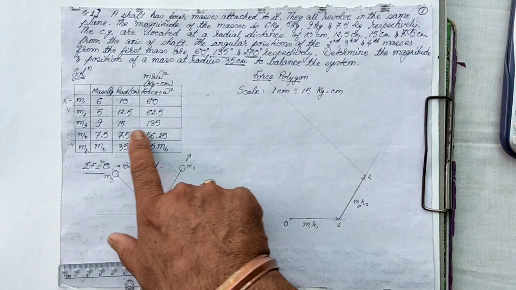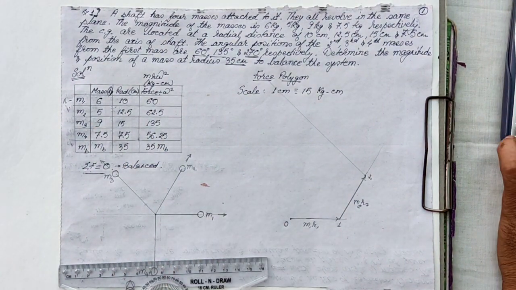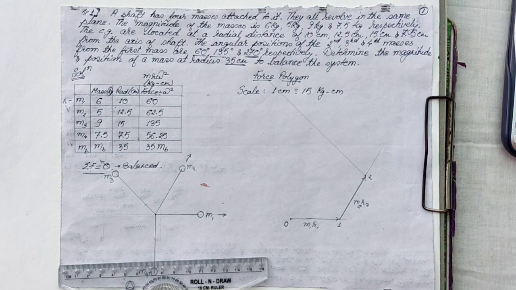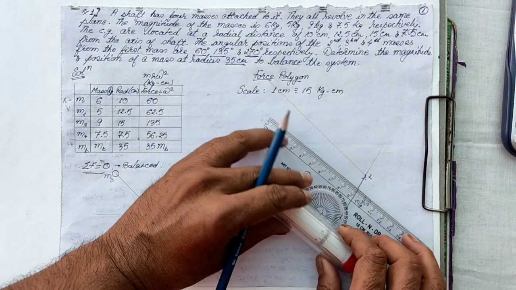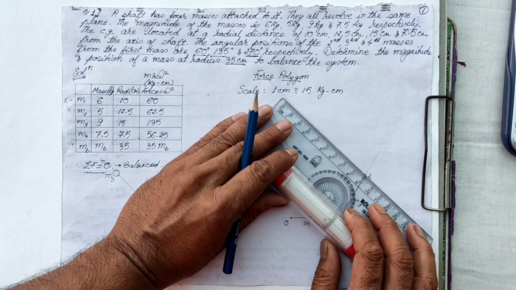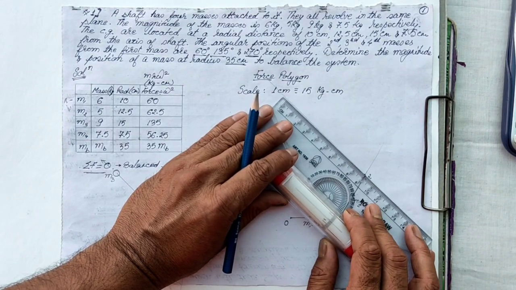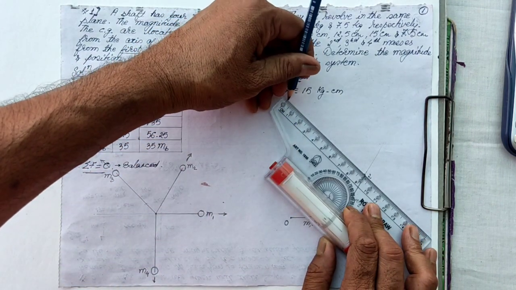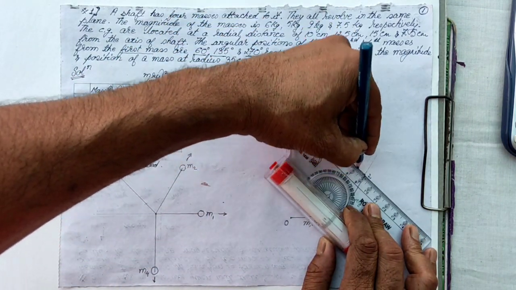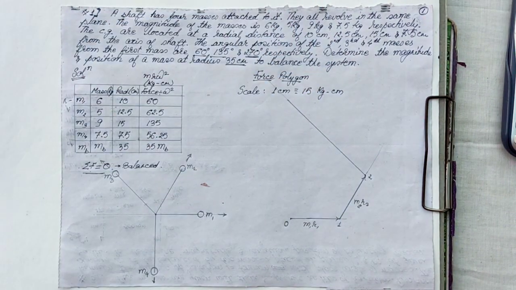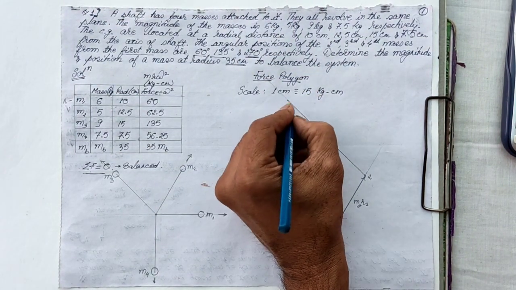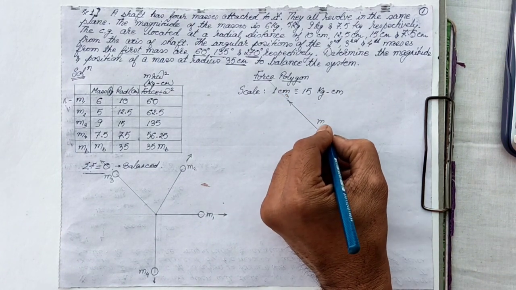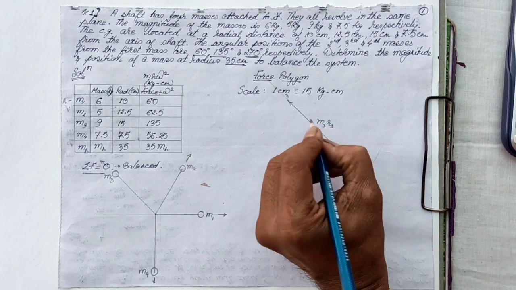Now this is 135. 135 divided by 15, I get 9 centimeter. So I get this vector as this. This is the third vector, M3R3, right?